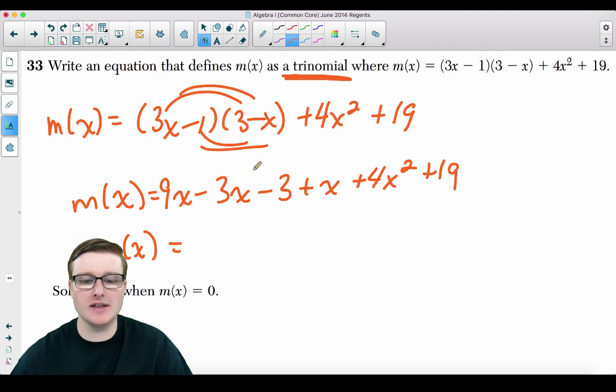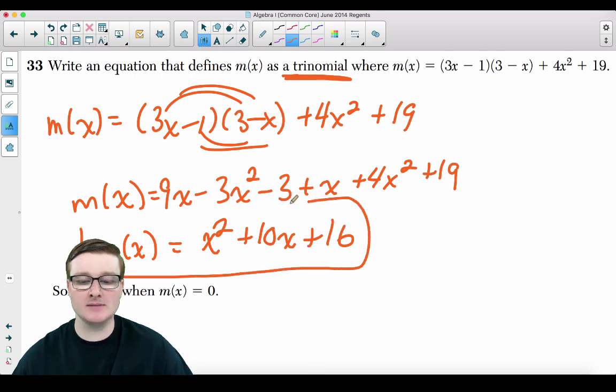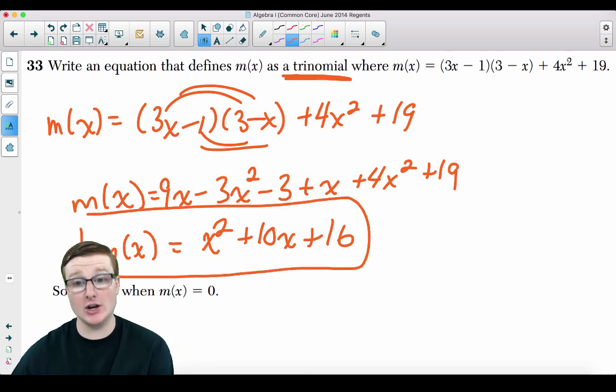My apologies, 3x times negative x is negative 3x squared. So the 9x plus x is 10x. The negative 3x squared and the positive 4x squared give positive x squared, plus 10x plus 16, because negative 3 plus 19 gives you 16. So this, ladies and gentlemen, is your simplified trinomial.